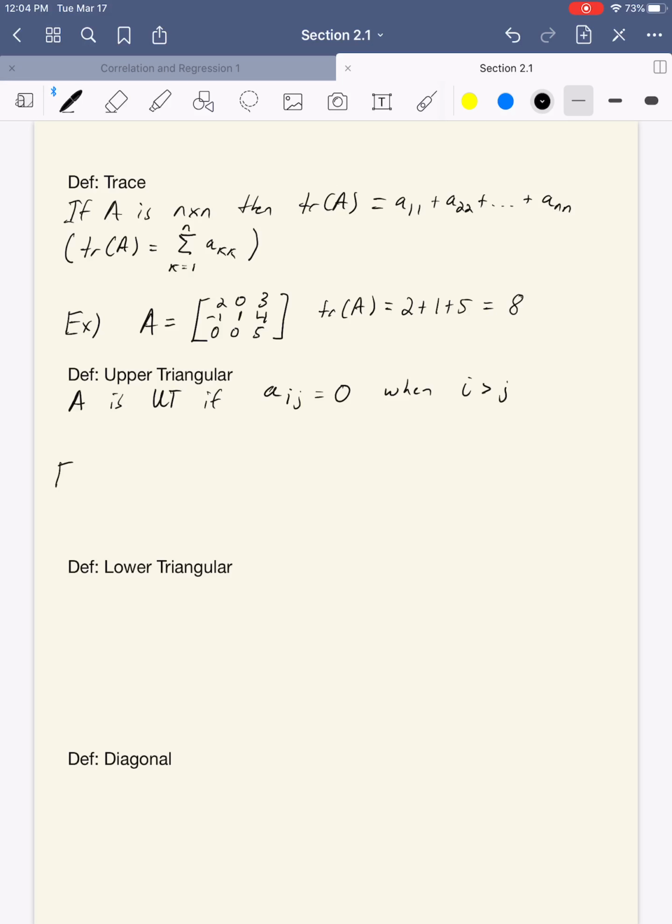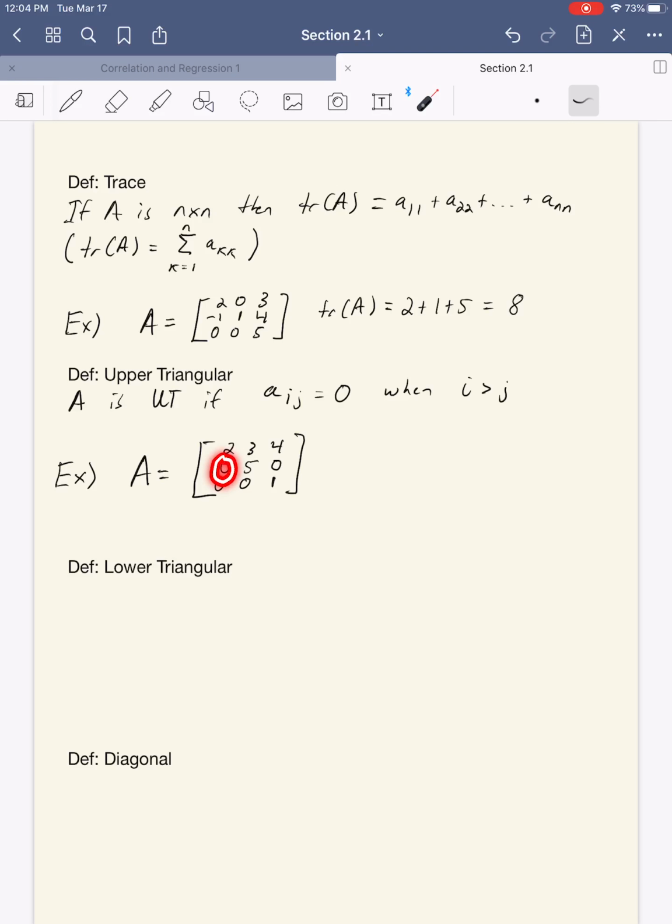Let's see an example of that. This would be an upper triangular matrix, something like 2, 3, 4, 0, 5, 0, 0, 0, 1. And what you will notice is that any value that is below the diagonal, in other words, any position that has a larger row position than column position, is 0.